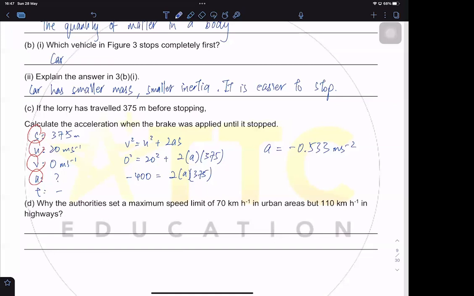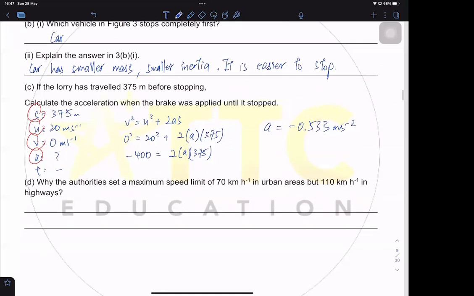Okay, next. Why do the authorities set a maximum speed limit of 70 km per hour in urban areas, but 110 km per hour in the highway? Urban means in the city, inside the city area. Why in the city area must be slower, but highway you can go faster?